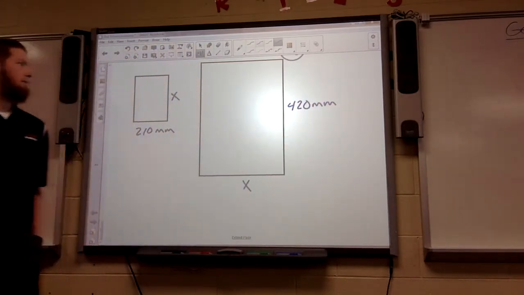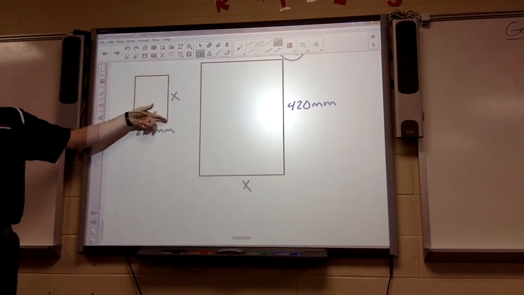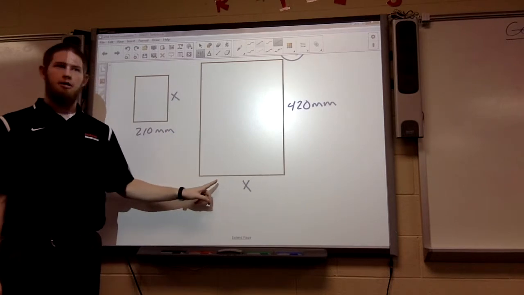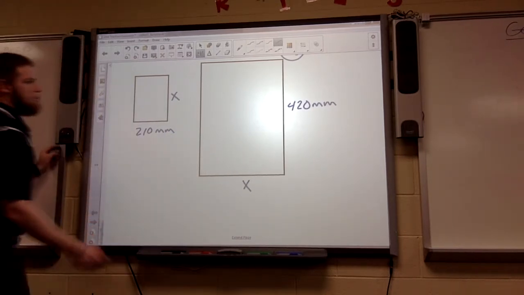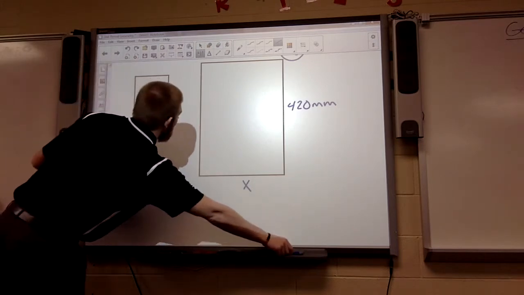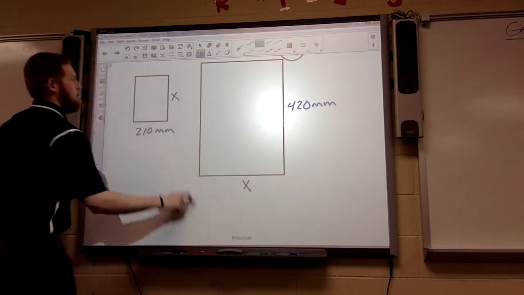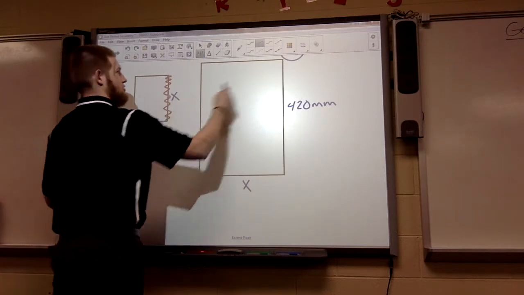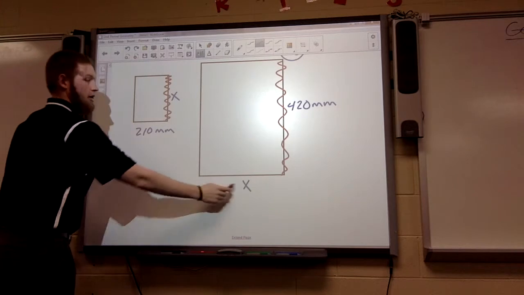So basically, my width here, or my length, whatever you want to call it, on this side of the sheet of paper is the same as the bottom of this sheet of paper, correct? So looking at this, there's multiple ways to solve this again. You can set up a ratio of this side of the small sheet to this side of the large sheet, and then the bottom to the bottom. That's one way.